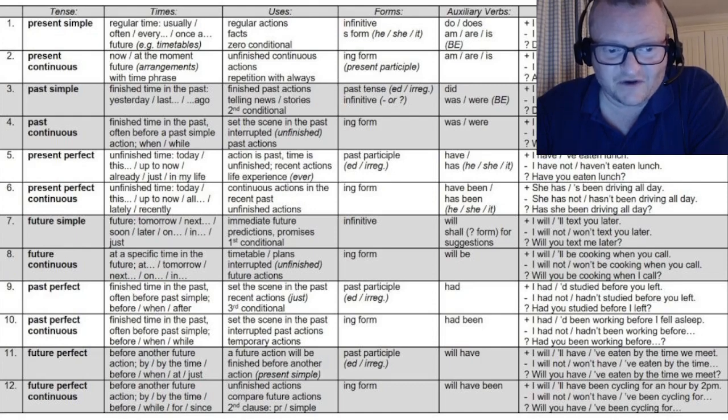Past perfect continuous for long actions. Both past perfect and past perfect continuous are finished actions in finished time. So the time is definitely gone. It's before past simple. There's no time before the past perfect times. Past perfect is it.